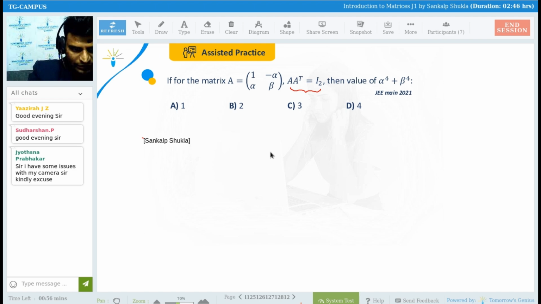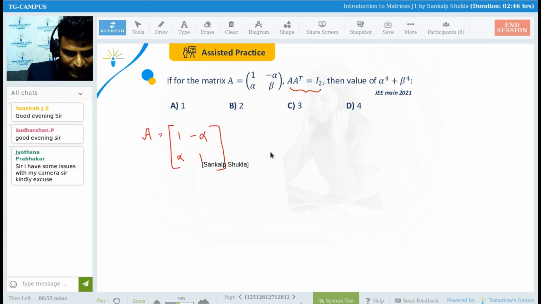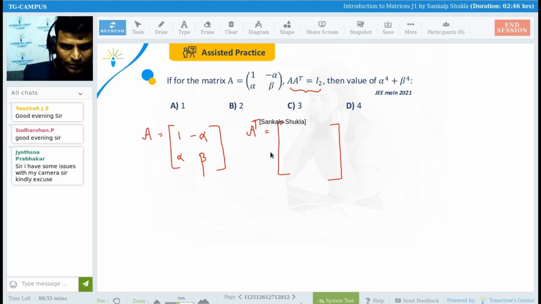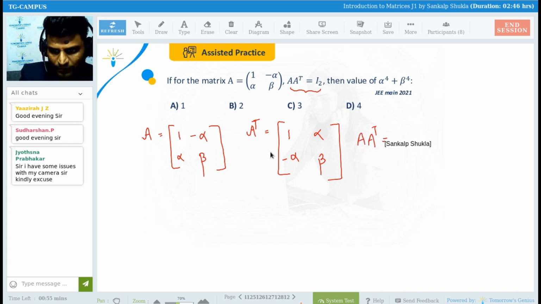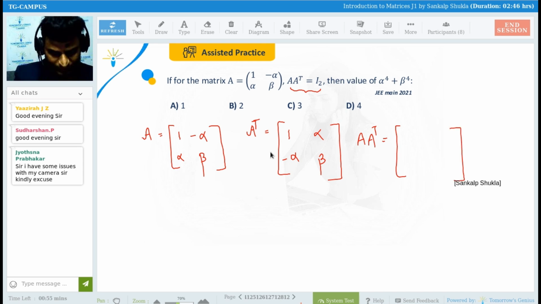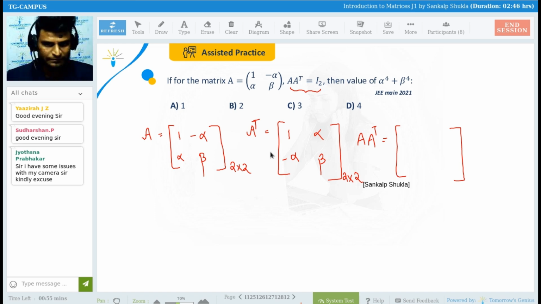So A is [1, -alpha; alpha, beta]. So A transpose will be [1, alpha; -alpha, beta]. If you multiply this, the multiplication is possible, obviously, because 2 cross 2 and 2 cross 2. So the order will be 2 cross 2 only.